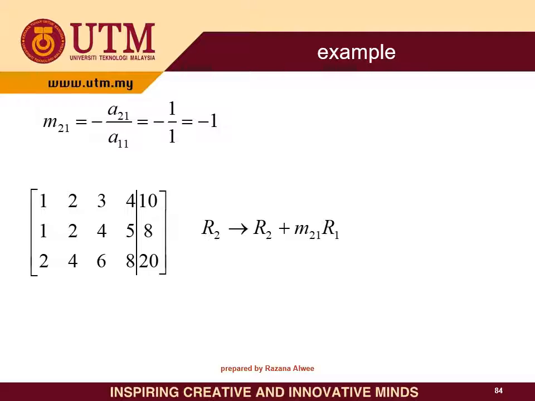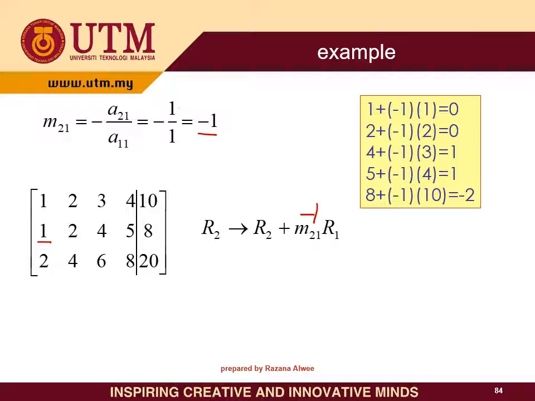Now we want to change m21 here, row 2 column 1, to 0, right? So what we need to do is a21 divided by a11, and 1 will become -1. So this is -1. We want to change row 2 by row 2 plus m21, which is -1 multiplied by R1.